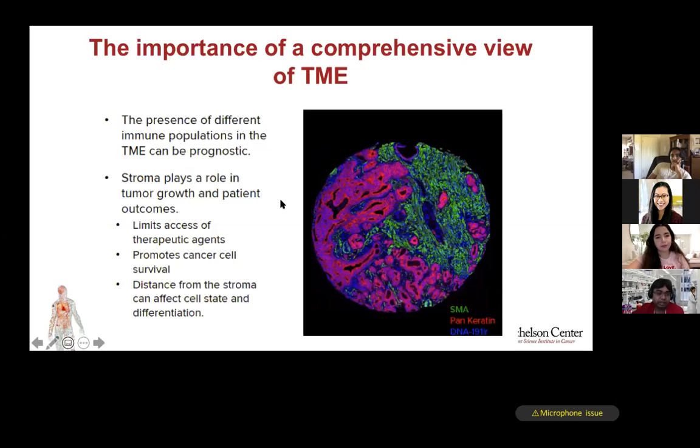Then, the stroma also limits the access of therapeutic agents. When you are giving chemotherapy, some of the immune cells also promote cancer cell survival, and distance from stroma can also affect cell state and differentiation.